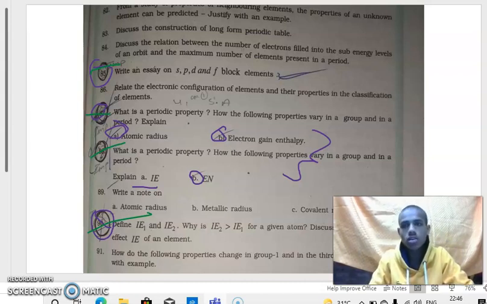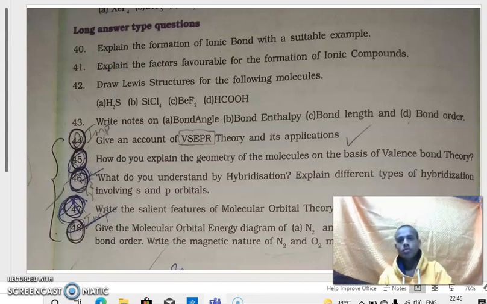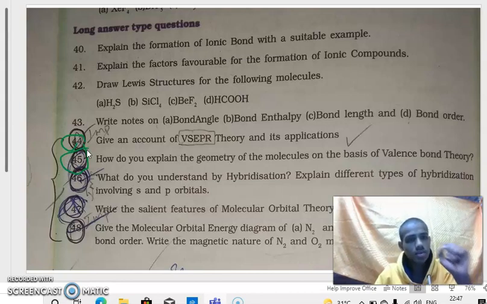And further, in chapter 3, chemical bonding, here you need to focus on, give an account of VSEPR theory and its applications. Next, how do you explain the geometry of the molecule on the basis of VBT? And next question is, what do you understand by hybridization?